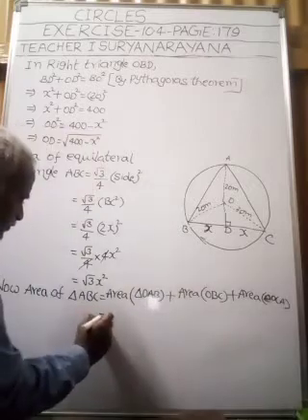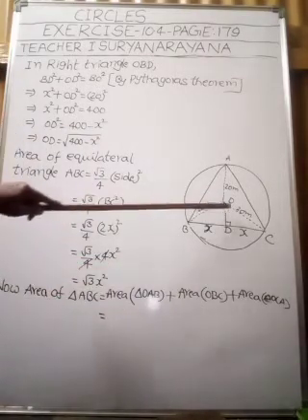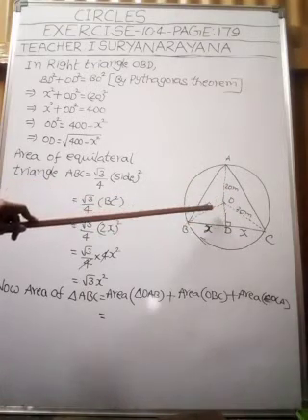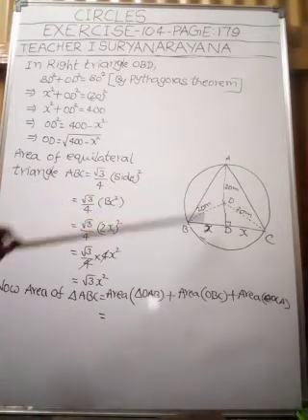Okay, my children. Here, if you observe this triangle, and this triangle, all these three triangles are equal. Okay, my children. By side property, all are congruent triangles.